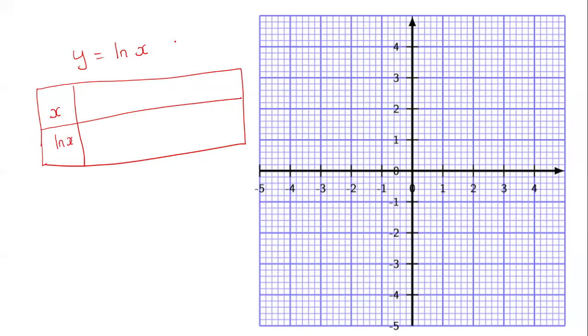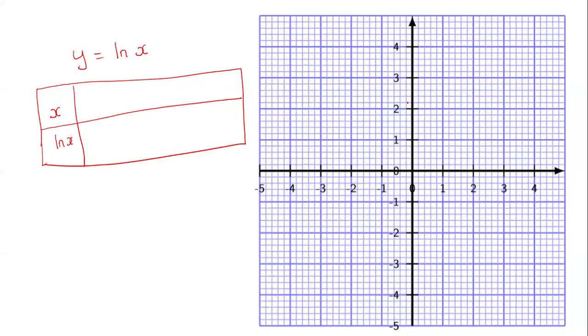But through the chart, members, which value of x should we start with? Let me know and place it in the chat. Which value of x should we start with? I'm waiting for people to make their suggestions. Melinda said 1, -1, 1, -2. Okay, very good.